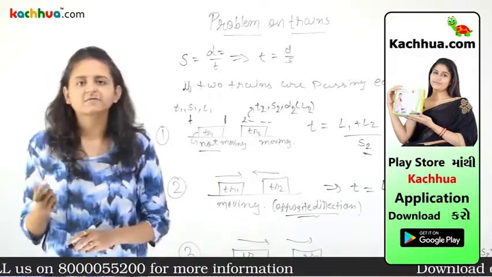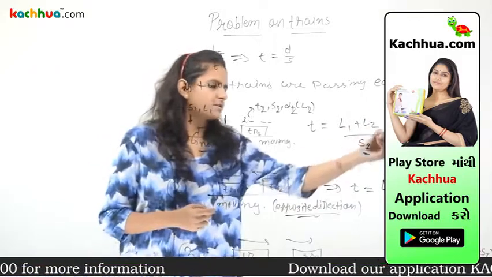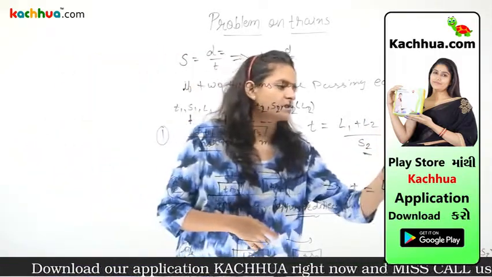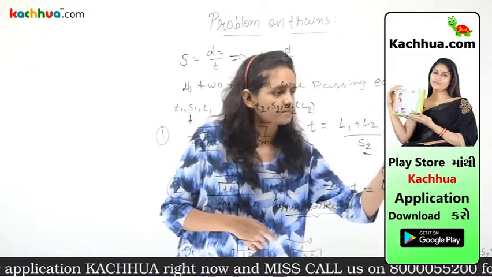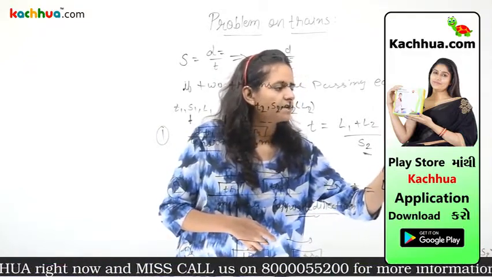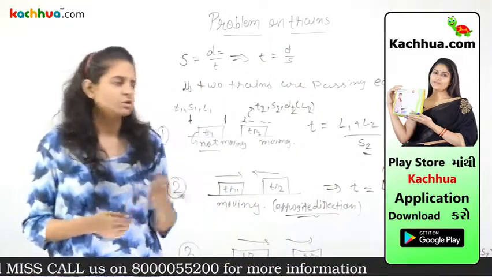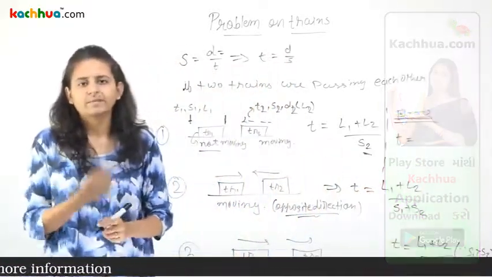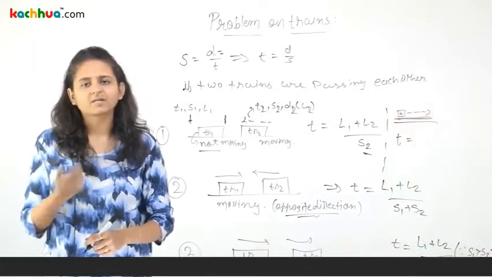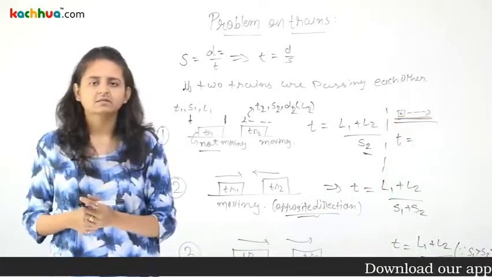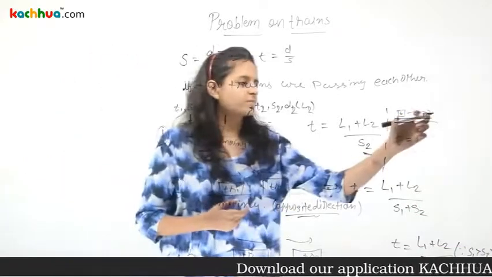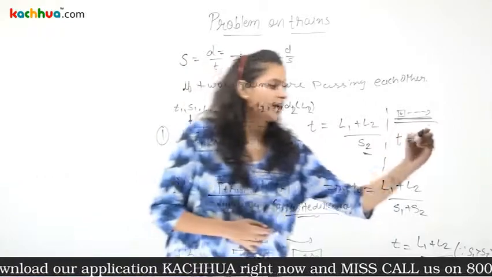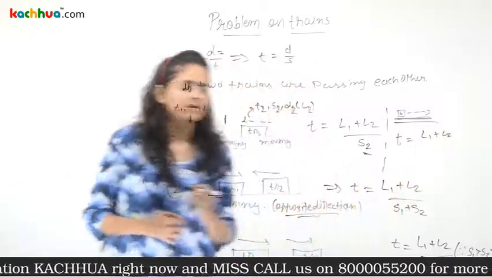Now what if there is a bridge? I'll write here, what if there is a bridge? Say this is the bridge and the train is passing that bridge. So T will be equal to L1 plus L2. Why L1 plus L2? There are no two trains, but the length of the bridge will obviously be greater.